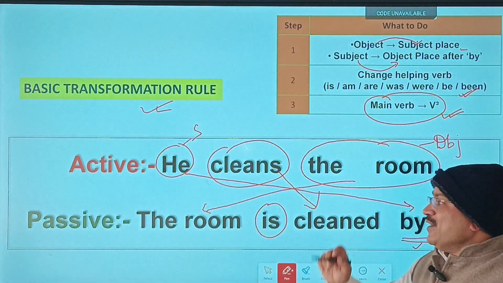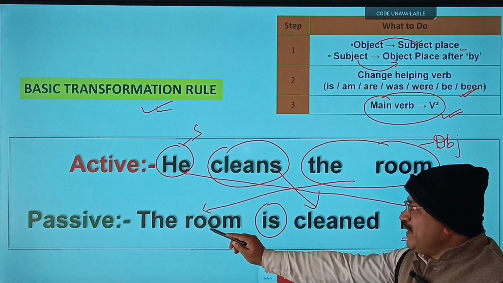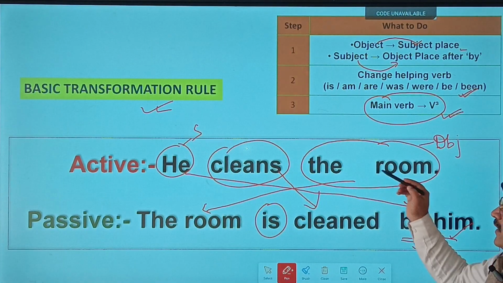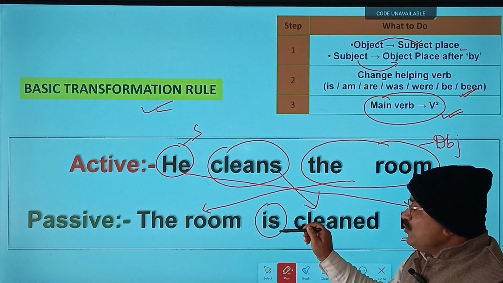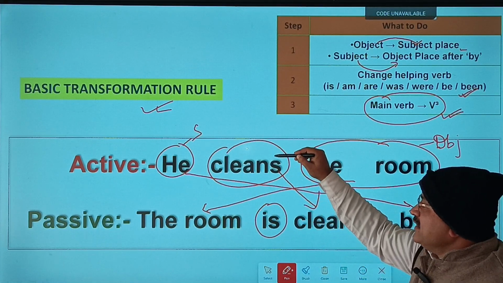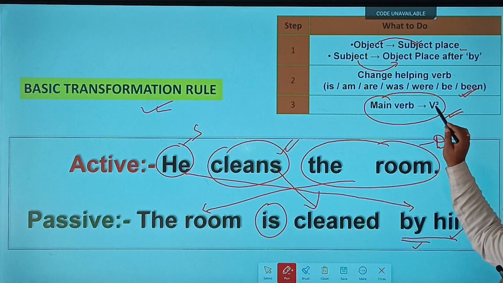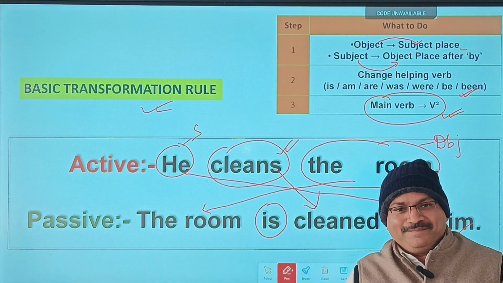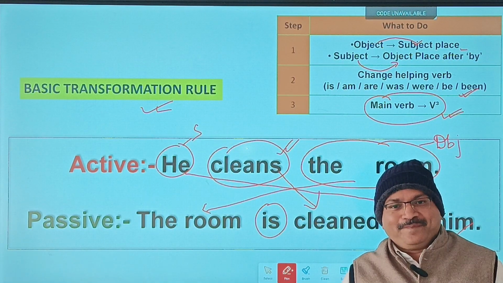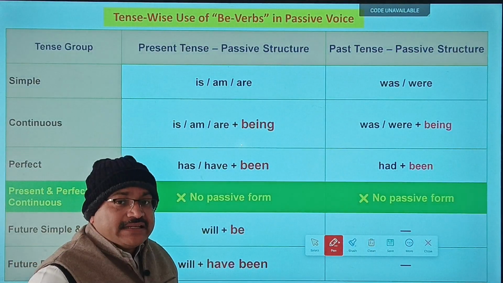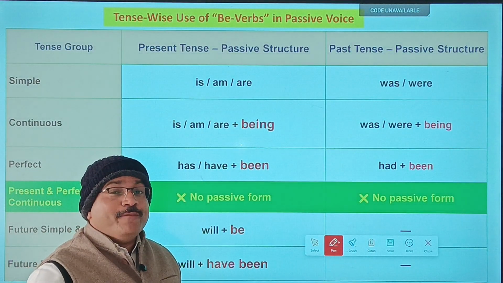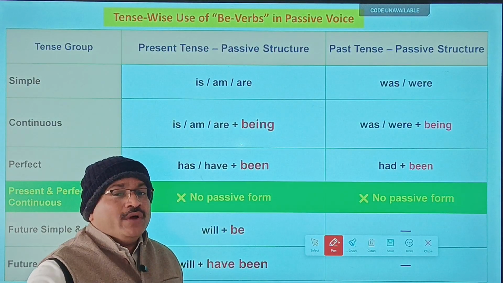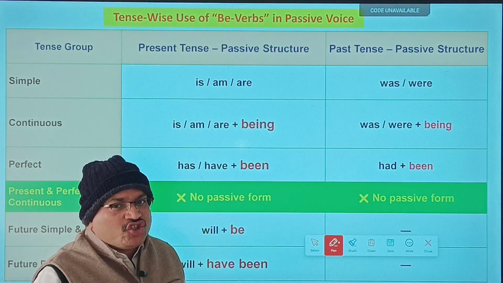So three steps: object at subject's place, subject at object's place. Then the helping verb we have to put here, and the main verb will always be in the past participle form, third form. Simple.